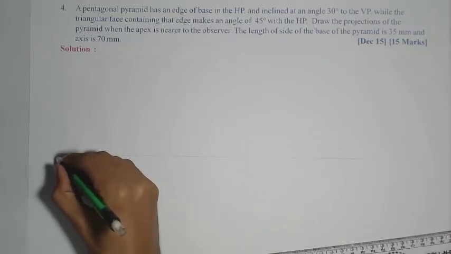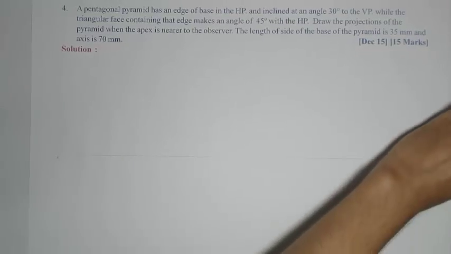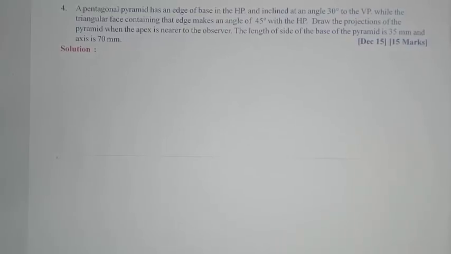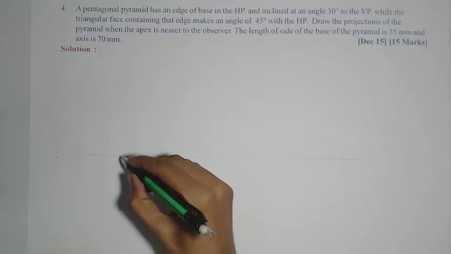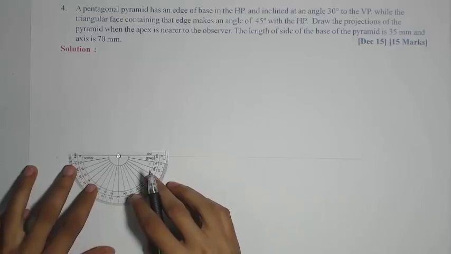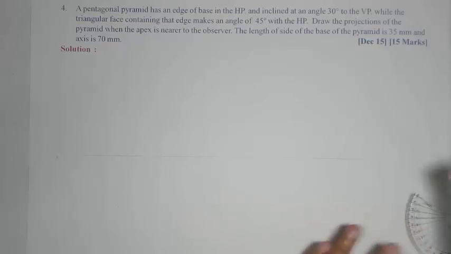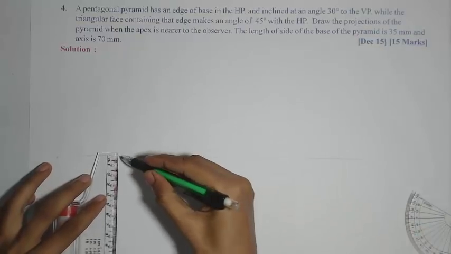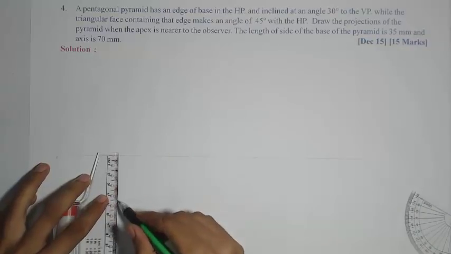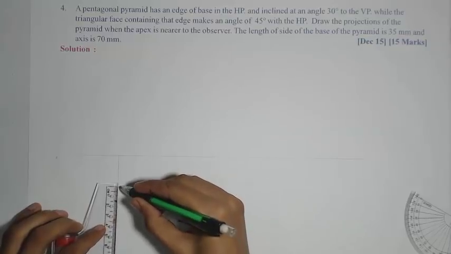So starting with the reference line XY, then drawing the one edge of the pentagonal base, so first drawing the perpendicular for marking that base edge. Base edge is given as 35 mm.